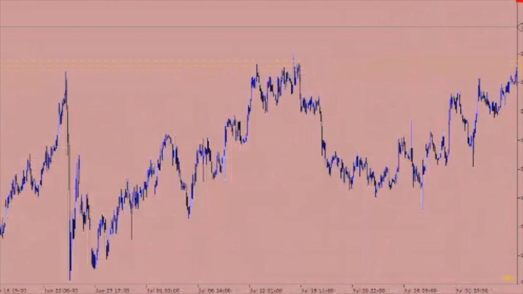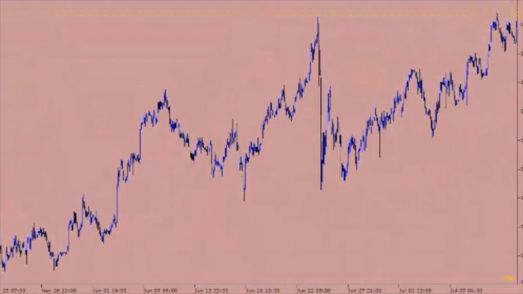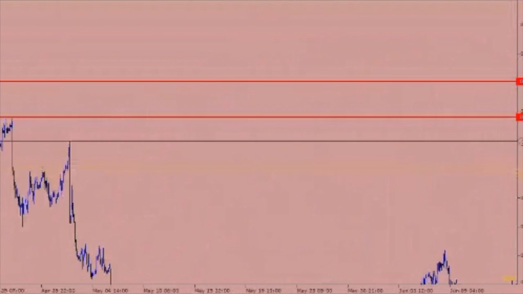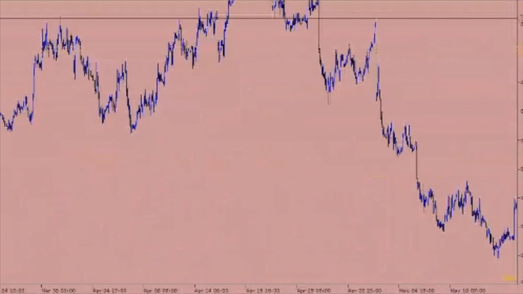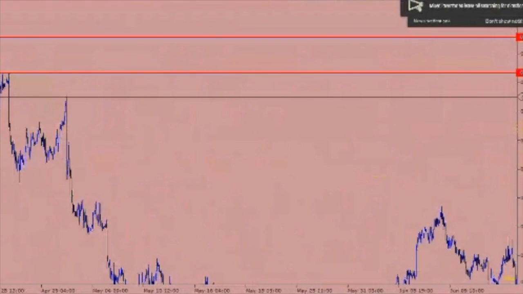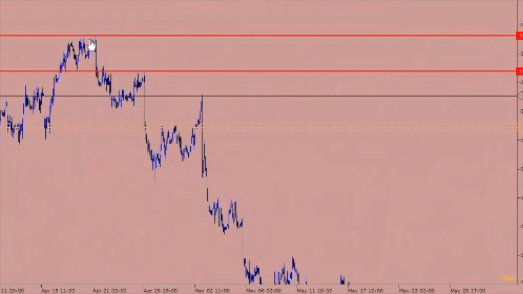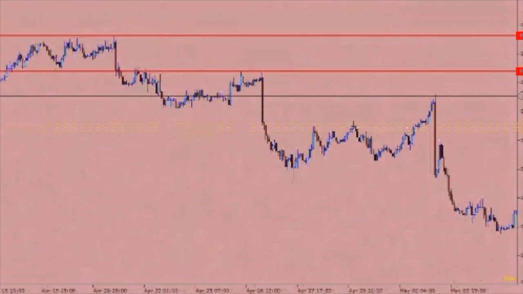Where did it go? I just had it up there. Right here. Perfect. We can see right here, back in March, the pair was trending. We see it break.